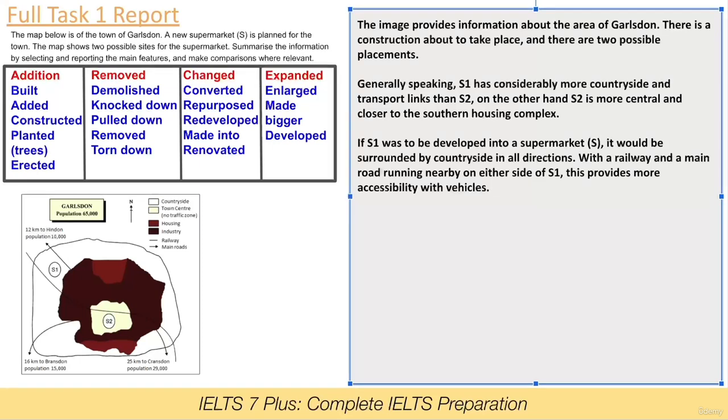With a railway and a main road running nearby on either side of S1, this provides more accessibility with vehicles. Okay. Moreover, the town of Hindon, we want to talk about the residents potentially coming via the railway.